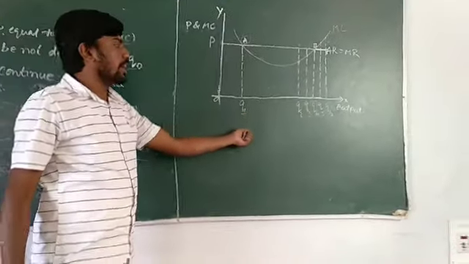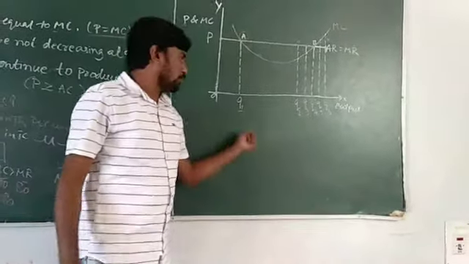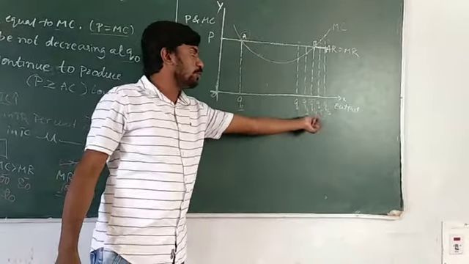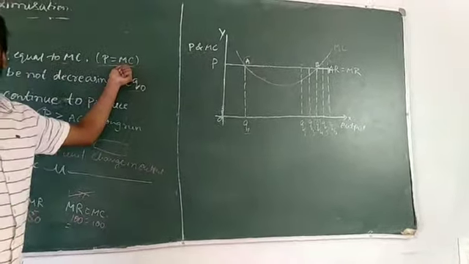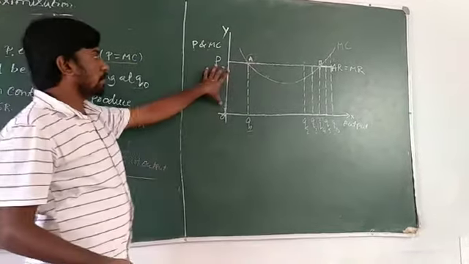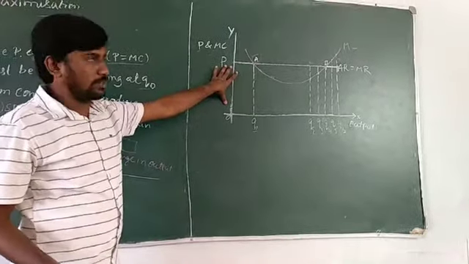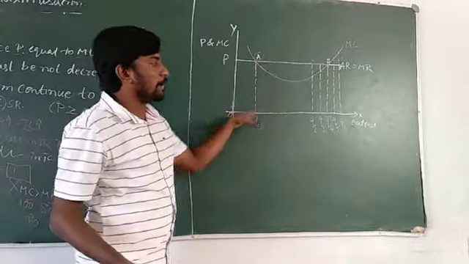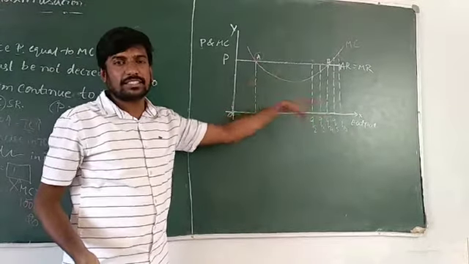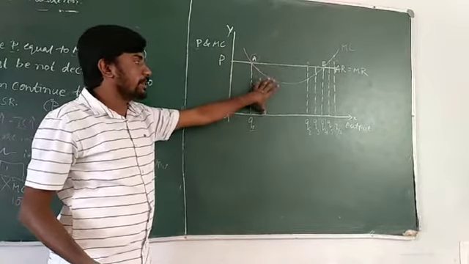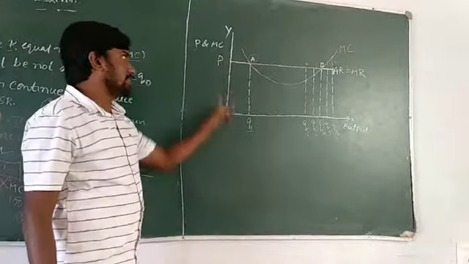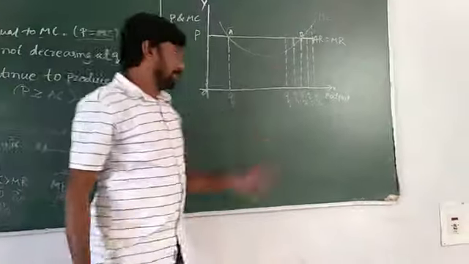The firm produces 6 different levels of output: Q1, Q2, Q3, Q4, Q5, Q6. So the first condition, price should be equal to the marginal cost. How much is the price? OP is the price. And the price line is always parallel to the OX axis. In a perfect competition market, price is a constant. That's why it's parallel to the OX axis. So this is the price level.